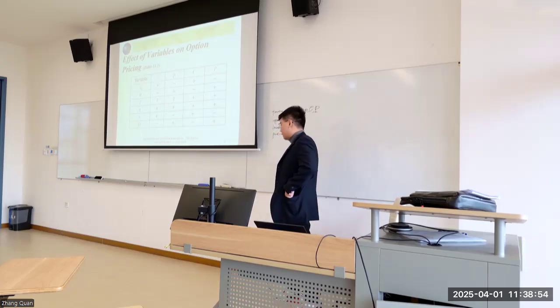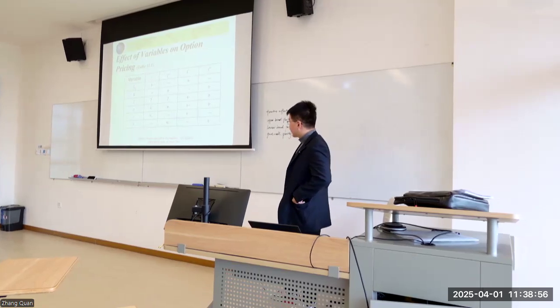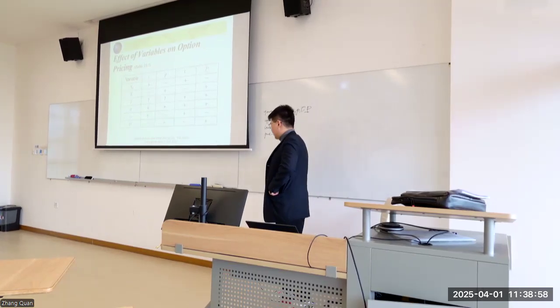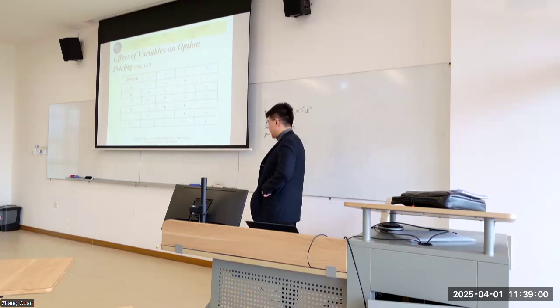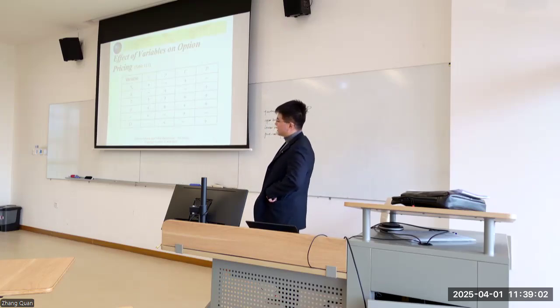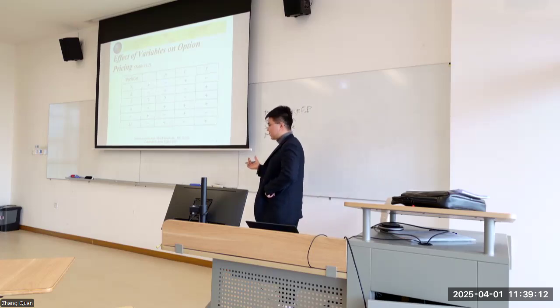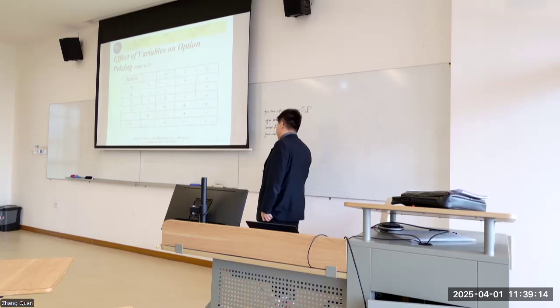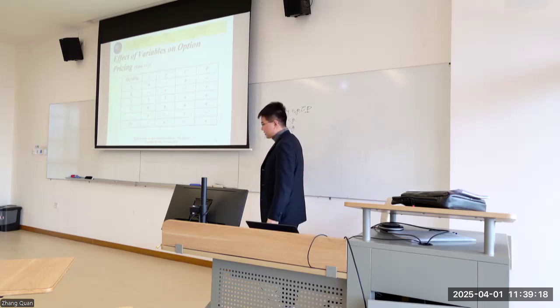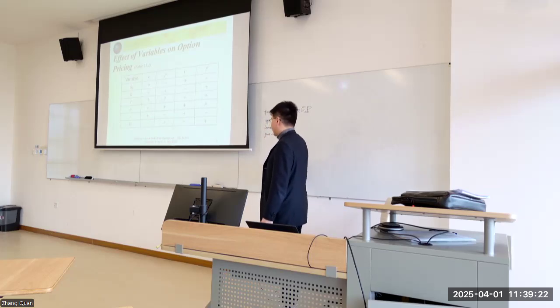Similar logic applies to the strike price, but in exactly the opposite direction. No matter whether you use a call option or a put option, you are earning the difference between the stock price and the strike price.